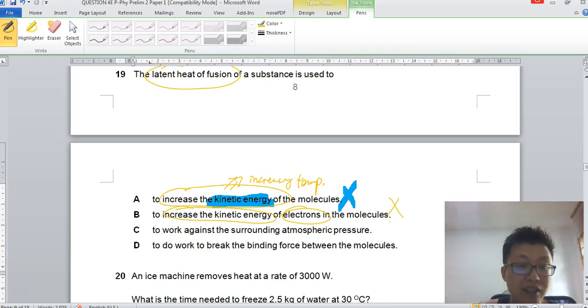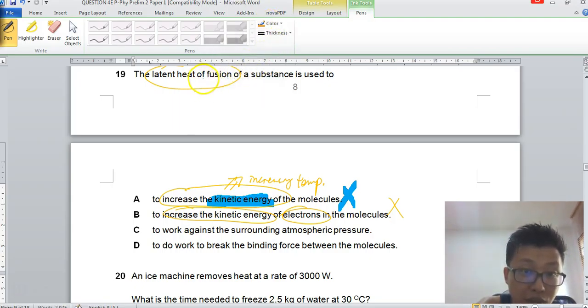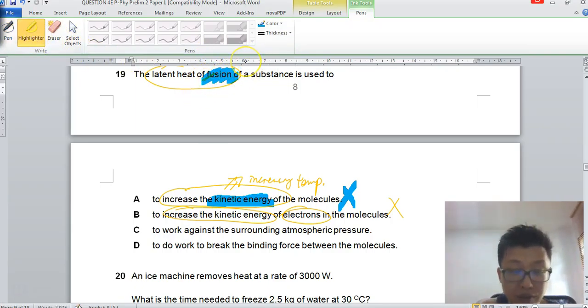You look at D. The work to break the binding force between molecules. Yeah, it is. It looks like it is correct, but look carefully. You are talking about fusion.